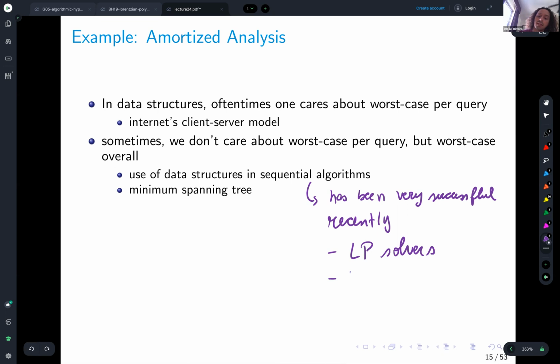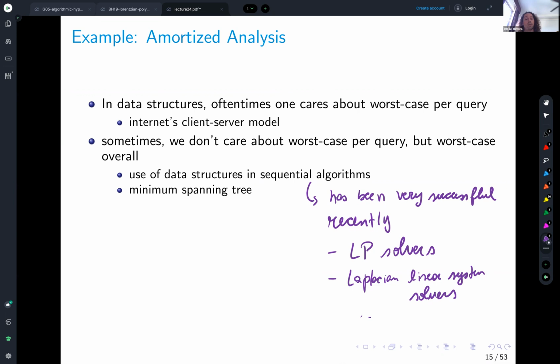They're also getting Laplacian systems, linear system solvers, and many more, okay? So the use of data structures in sequential algorithms to speed them up has been very successful recently, and this is also quite an old application.